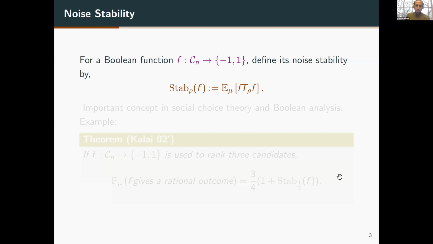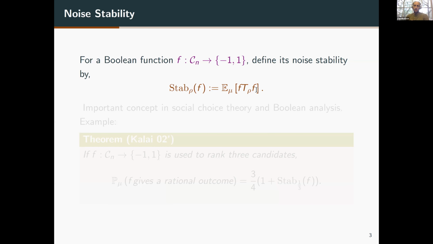Now, what is noise stability? For a Boolean function, noise stability is the correlation of f with its noisy version T of f. And if you think about Boolean functions as being some sort of voting system, each entry of the hypercube says yes or no, and you aggregate all the votes to decide whether the motion passes or not.